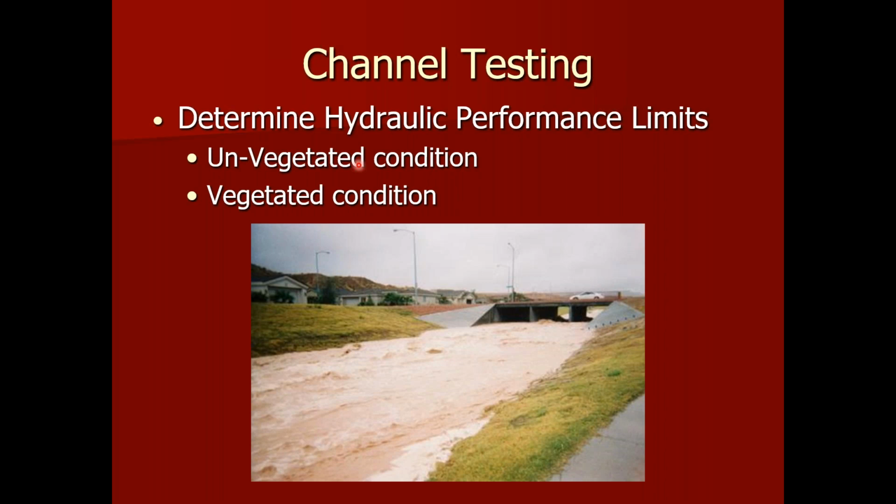So we have to have some idea of, in an unvegetated condition, what's the performance, and then certainly in a fully vegetated condition, as you can see here in this picture below, what the performance would be. This picture is probably not indicative of 90% of the installations because this is supercritical flow. This is a steep channel, high velocity going through here.